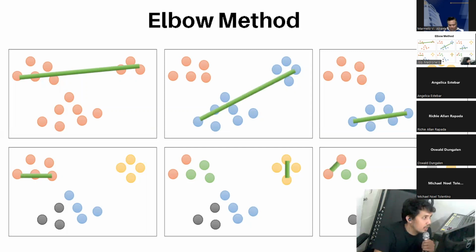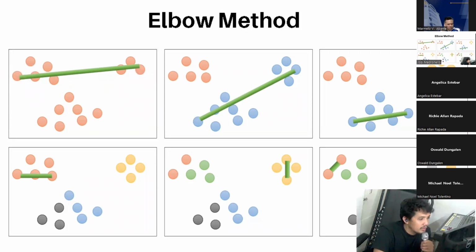So we just measure the farthest, or the longest distance between data points of the same color, like this one.